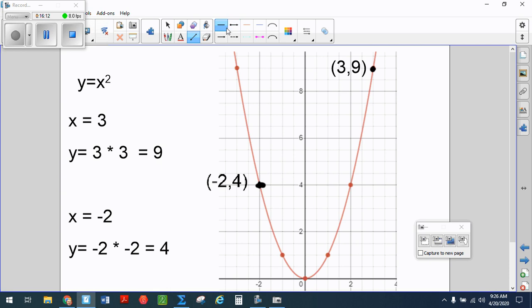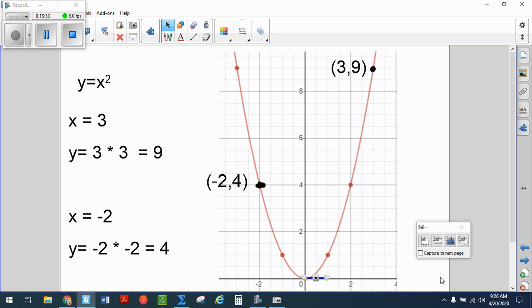If I talk about slope, if I look at the slope of each of these points, the slope of this blue line, or let me show it another way. Here, let me get rid of these.